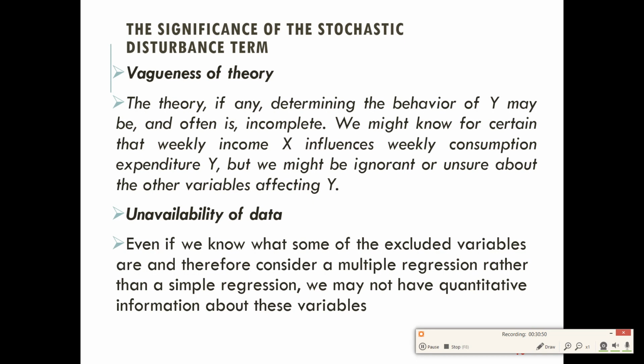Suppose we have two families, and they both are earning the same level of income, right? Both families earn the same level of income, but it is fairly possible that their consumption levels are entirely different, and there may be numerous reasons behind why they are consuming differently.